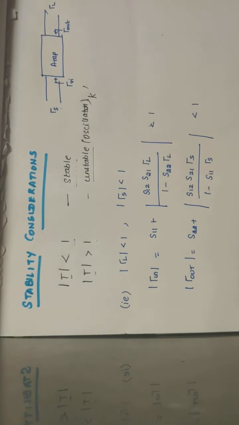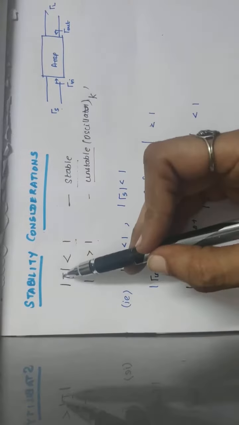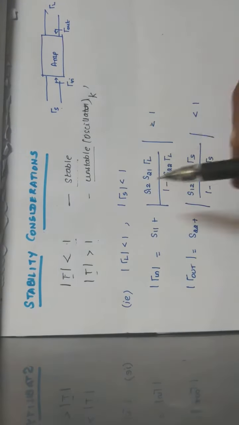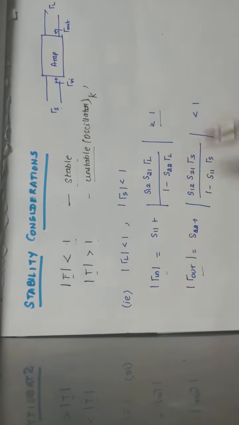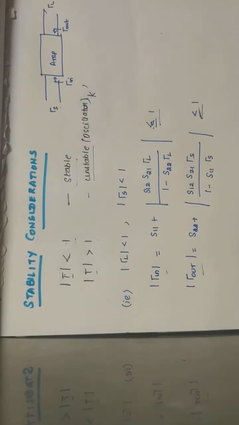So for my amplifier to behave in a stable region and be effective in its normal operating range, the main condition that has to be satisfied is that tau must be less than 1, or at least at the input and the output it has to be less than or equal to 1.